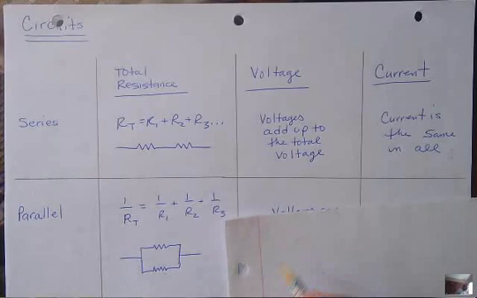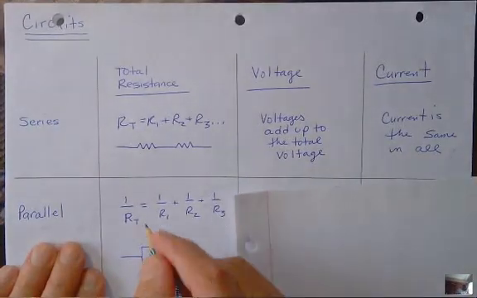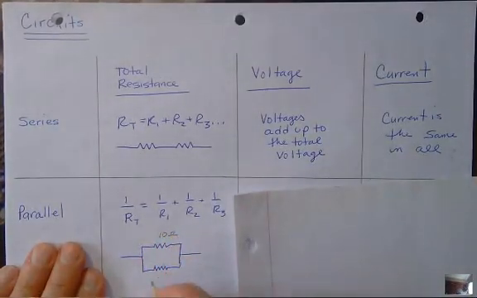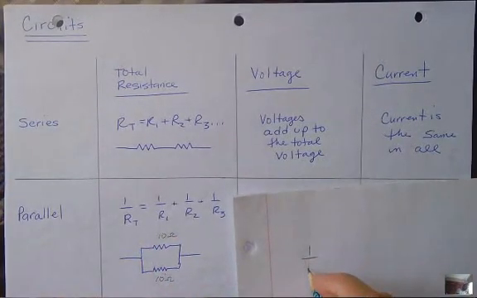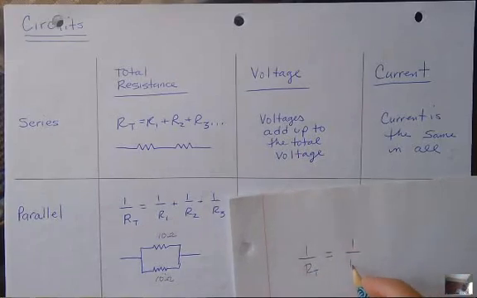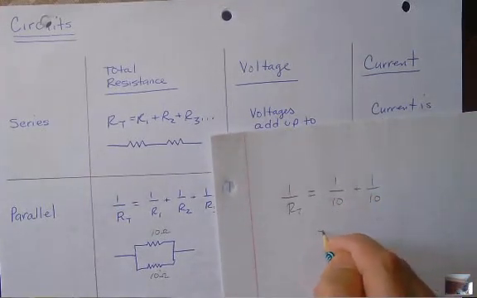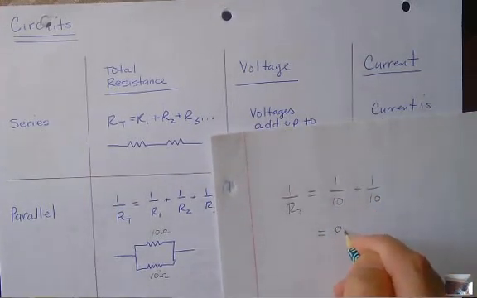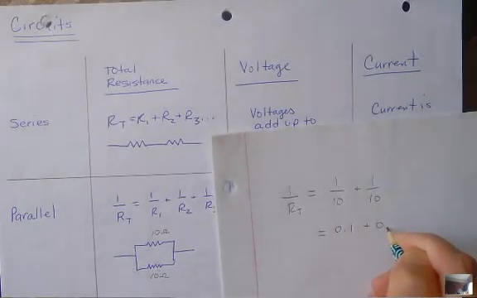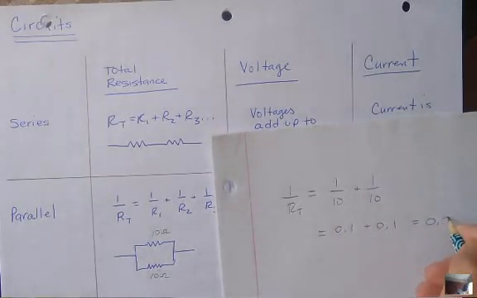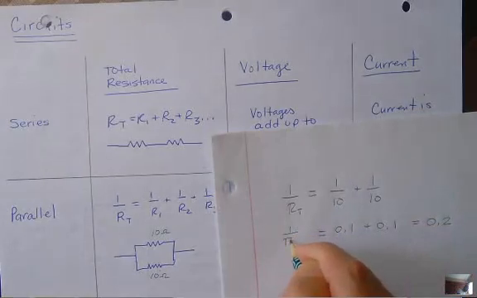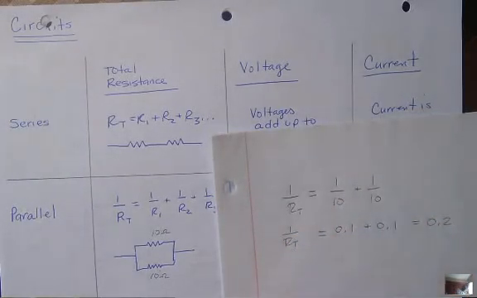Okay, so the way you do the calculation when they're in parallel is, if this one was 10 ohms and this one was 10 ohms, I would say 1 over RT is equal to 1 over 10 plus 1 over 10. So 1 over 10 plus 1 over 10 means 0.1 plus 0.1, right? So I have 0.1 plus 0.1 is equal to 0.2, but I'm not done. That's 1 over RT, where RT is the total.